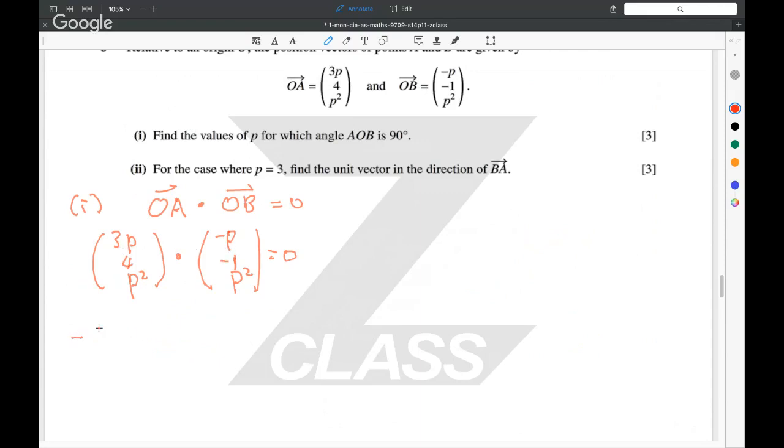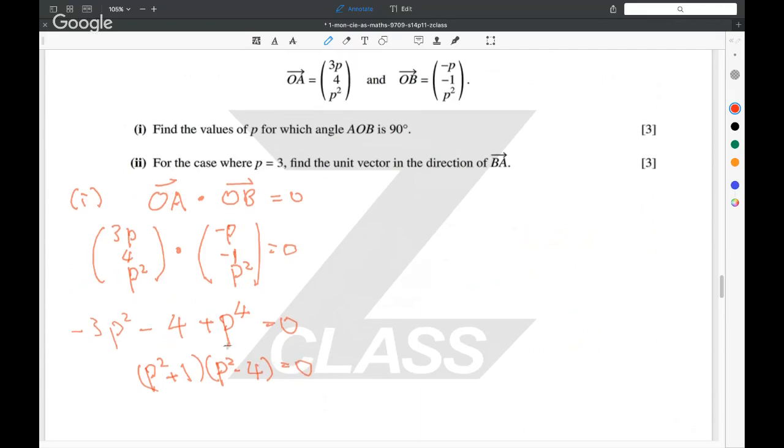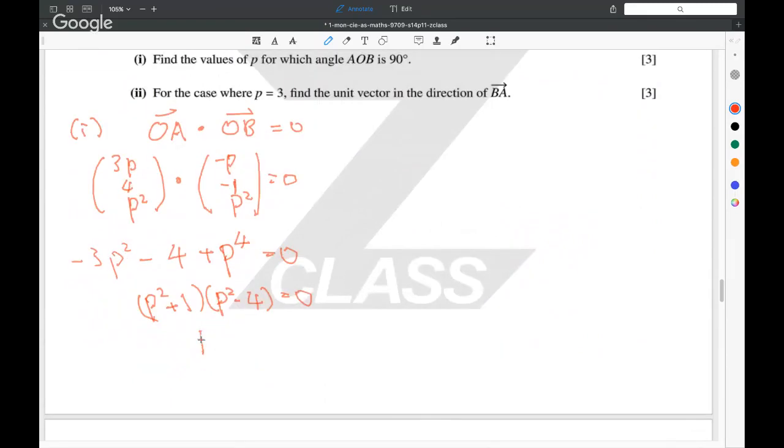You get minus 3p squared minus 4 plus p to the power of 4 equals 0. From that, you can factorize: p squared plus 1, p squared minus 4 equals 0. The only way to find a real solution for this question is by setting p equals plus or minus 2.